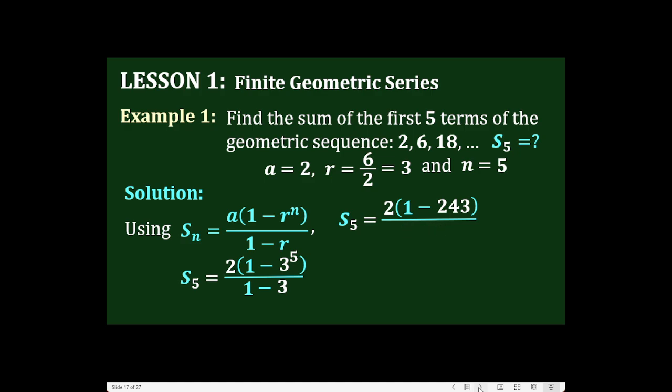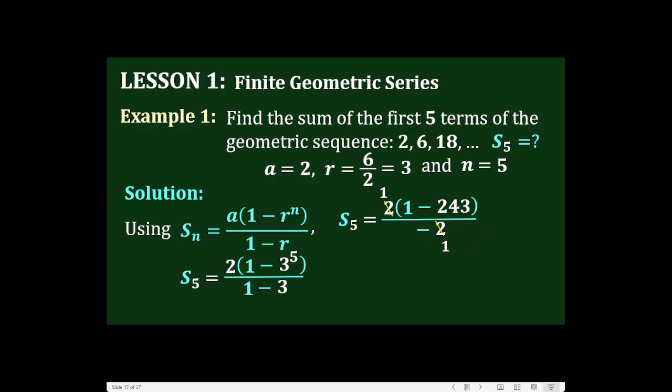We know that 1 minus 3 will result to negative 2. And from this point, we can cancel 2 from the numerator and denominator, so both will now become 1. So in the denominator, from negative 2, it is now reduced to negative 1.